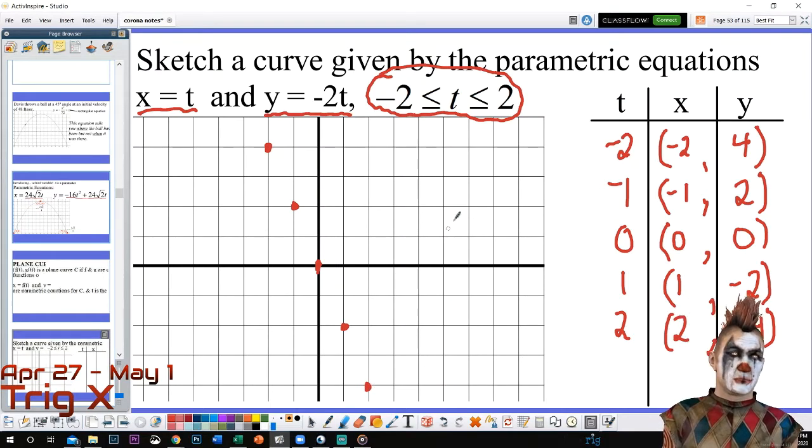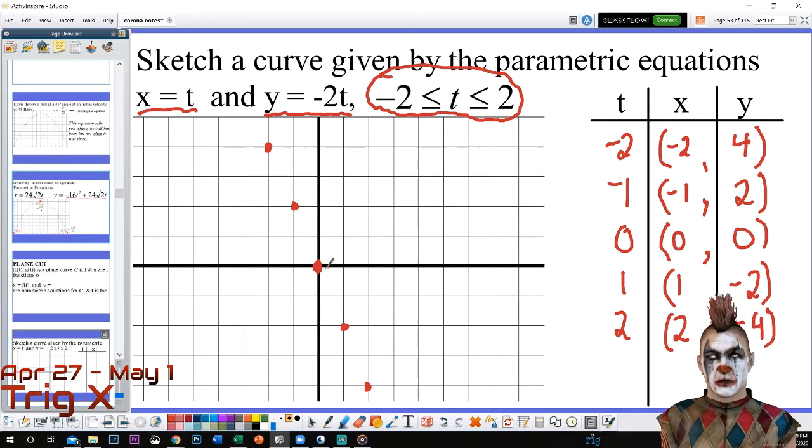Alright, so now we're just going to include the variable t. This is going to be time. So let's pretend that some sort of explosion happens right here at time 0. We want to see what happened 2 seconds before the explosion and 2 seconds after the explosion, maybe. Something like that.